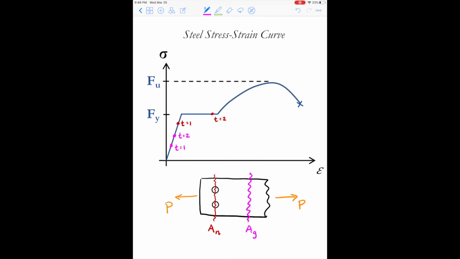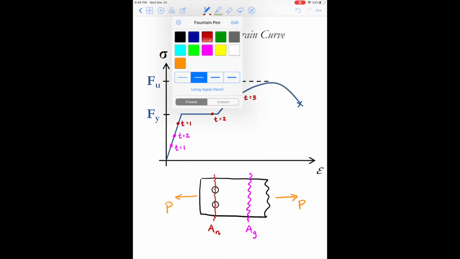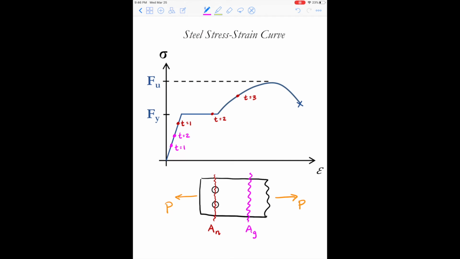But the gross section is still in the linear elastic range. We keep doing this, so now the net section is going up the strain hardening region, but the gross cross-sectional area is still in the linear elastic range at time instance 3.